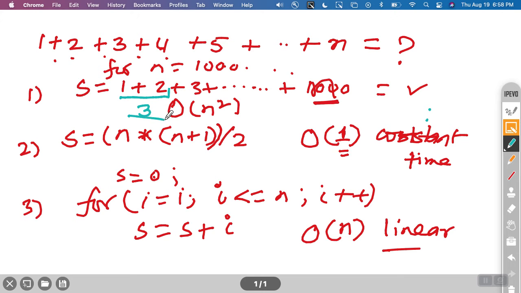And then this 3 will be added with the next 3. Then 3 plus 3 will be 6, right? And this 6 will be added with the next number, 4. So 3 plus 3 equals 6. Then 6 plus 4 equals 10. And then this 10 will be added to 5, right? Then 15, and so on.